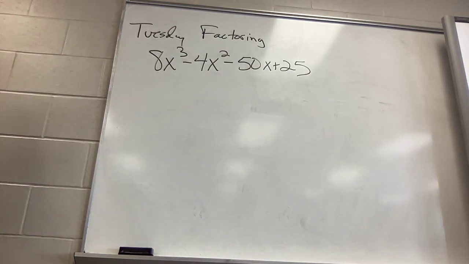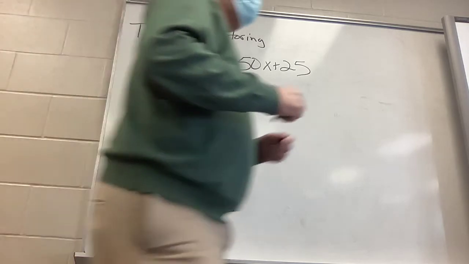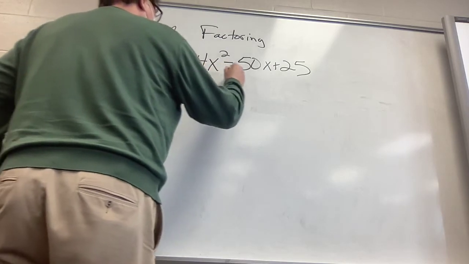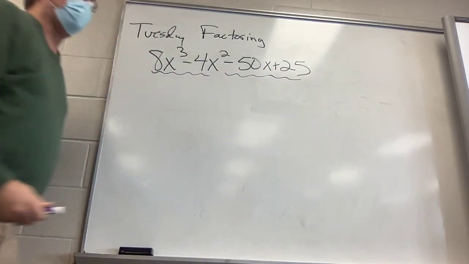This would be by grouping. One of those worksheets you have that you could have picked up if you didn't have factoring by grouping. This we have done all year long. In a little group of 2 and a little group of 2.